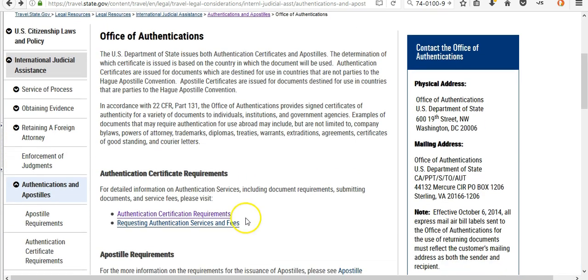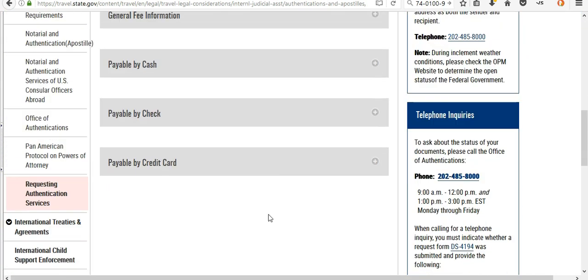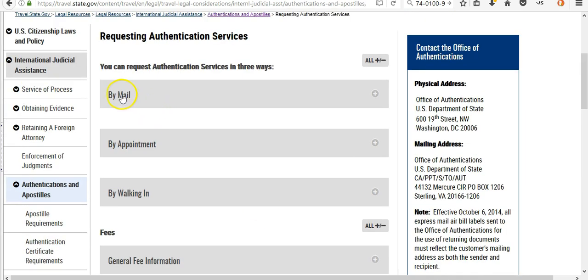So you see authentication requirements, request authentication, services and fees. Let's click on that real quick. By mail, walk-in appointment, payable check, by mail. Well, we're going to skip that. I want to show y'all something.